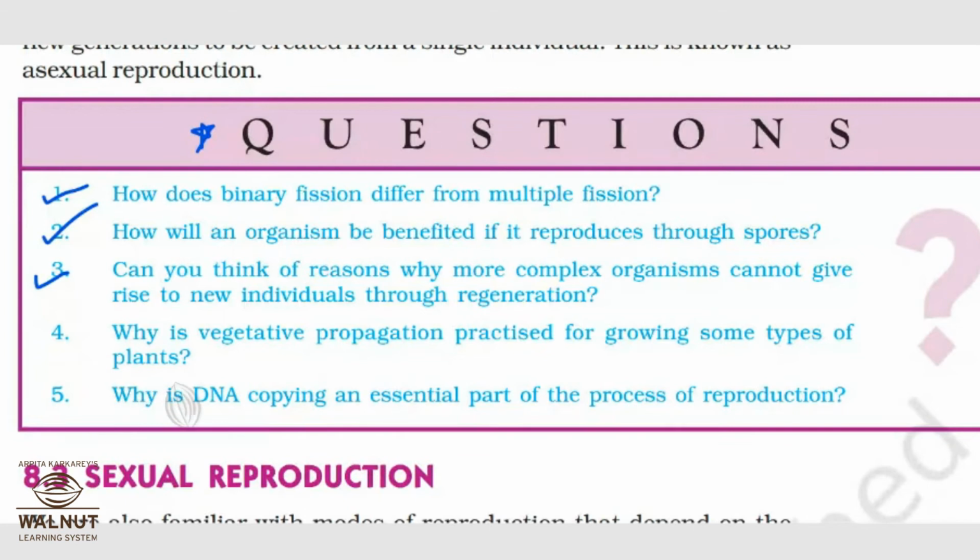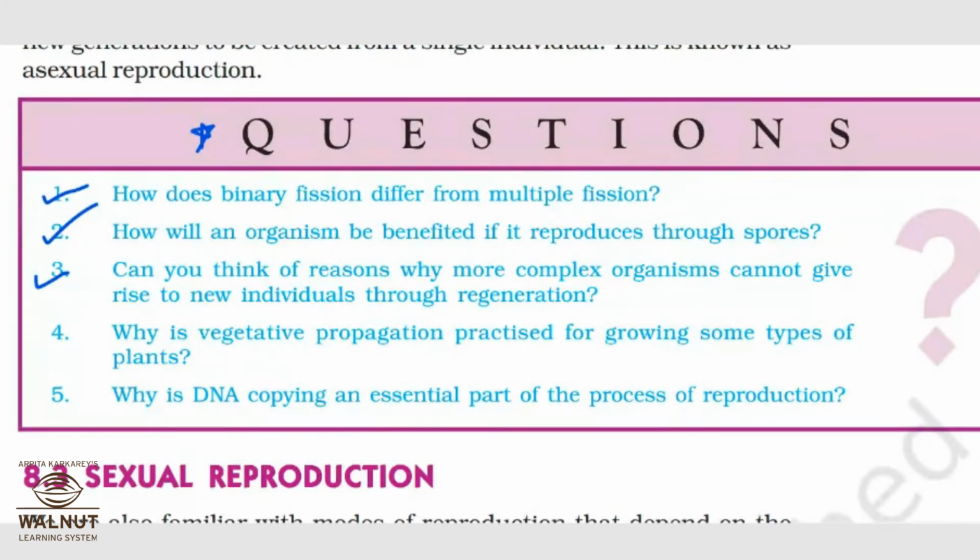So, the reason why organisms cannot reproduce through regeneration is that multicellular organisms are not just a collection of cells, and all body cells do not have the capacity of reproduction and growing back the entire organism with all the systems and organs from a single body part. So it is not possible.